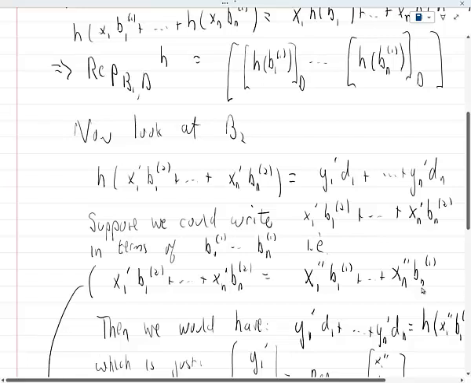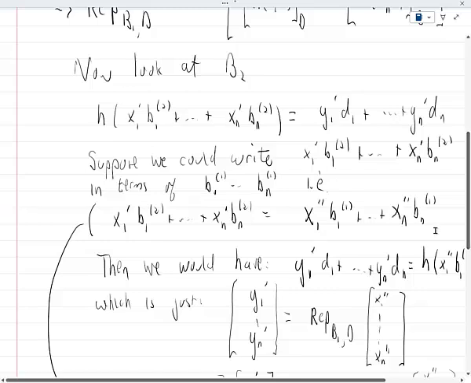We know that any vector in the domain can be written in terms of either basis, so there has to be a translation that enables me to rewrite this linear combination in terms of basis B2 as a linear combination in terms of basis B1. But if I could do that, well, I've already solved that problem.